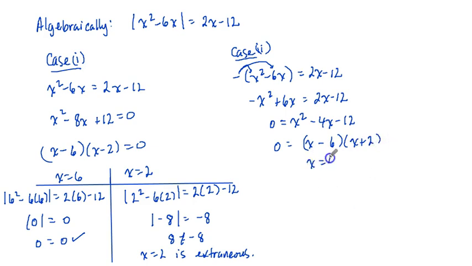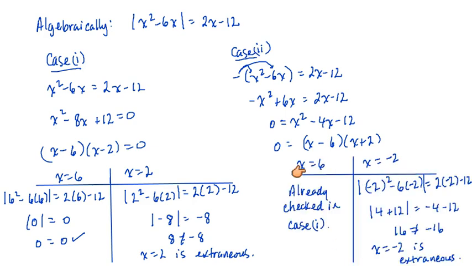So x equals 6 and x equals negative 2 are possible solutions. Now the x equals 6 I've already checked in case 1, so that's a solution. X equals negative 2, when I substitute it in, I end up getting 16 equals negative 16. So x equals negative 2 is extraneous.